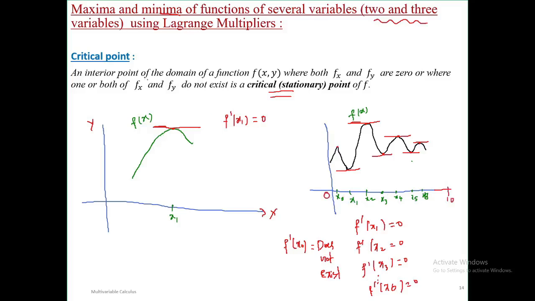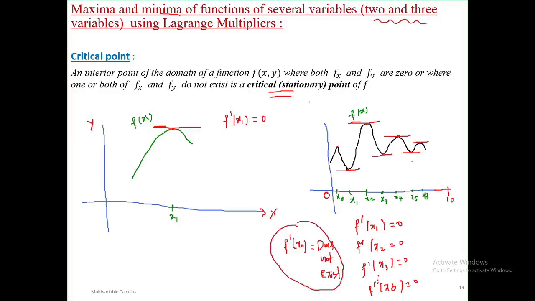So an interior point of the domain of a function where both fx and fy are 0, that means the derivatives are vanishing, or where one or both of fx and fy do not exist, like the x0 point, where it does not exist, right? Then such points are said to be critical points or stationary points.